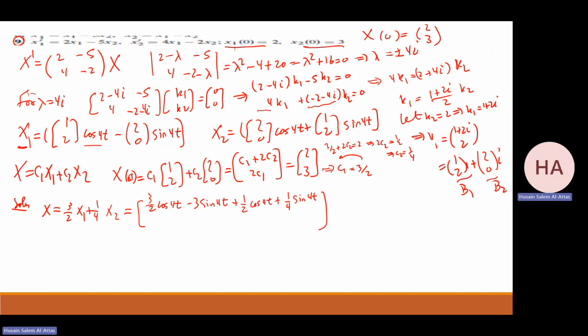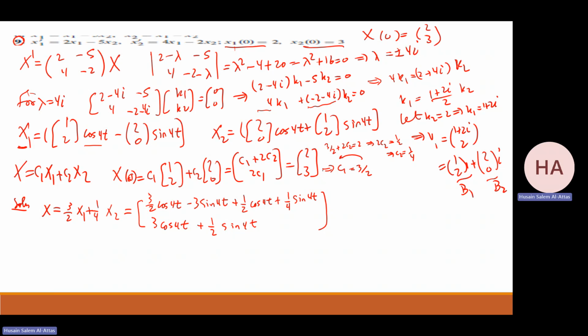In the denominator I have 3 cosine 4t; this is 0, this is 0; 2 times 1 over 4 plus half sine 4t.